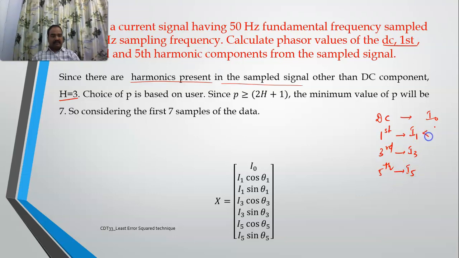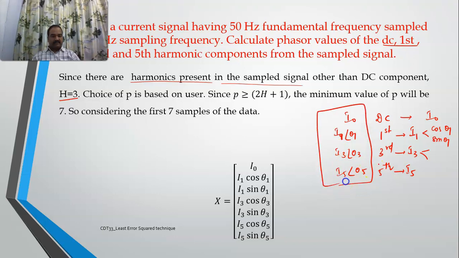For these I will get cos theta 1 and sin theta 1. This is I0, this is I1 theta 1, this is I3 theta 3. You need to determine these things, so that's why I am resolving them into these components.